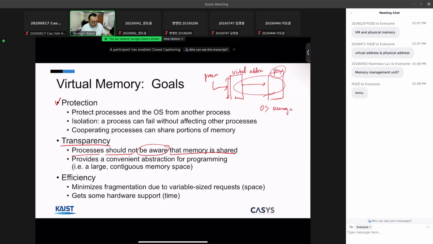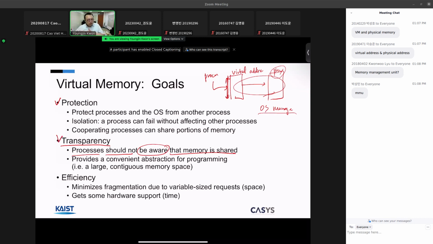So, for example, a process cannot recognize whether a page fault happens or not. A process cannot recognize whether memory is shared or not. All operations are hidden by the operating system. Therefore, the process just uses the contiguous virtual space, which is called transparency.